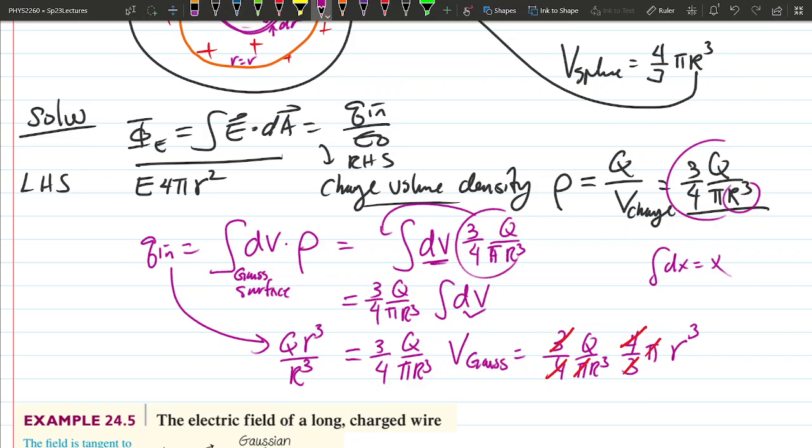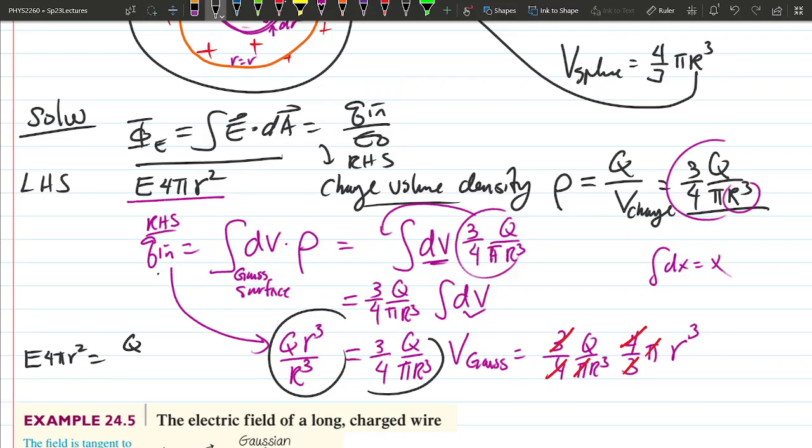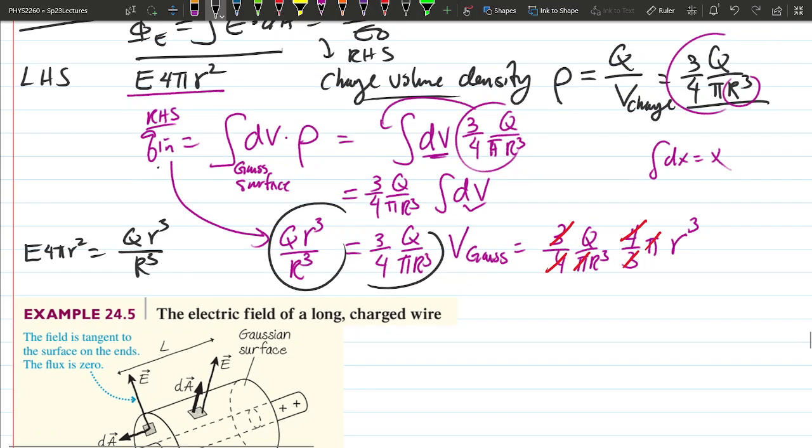Now we're going to combine. This is the right-hand side of the equation, if you divide by epsilon naught. The left-hand side I already figured out. Left-hand side was E 4 pi r squared. The right-hand side is this complicated thing, Q r to the third over big R to the third. Let me push this down a little bit so we have some space.